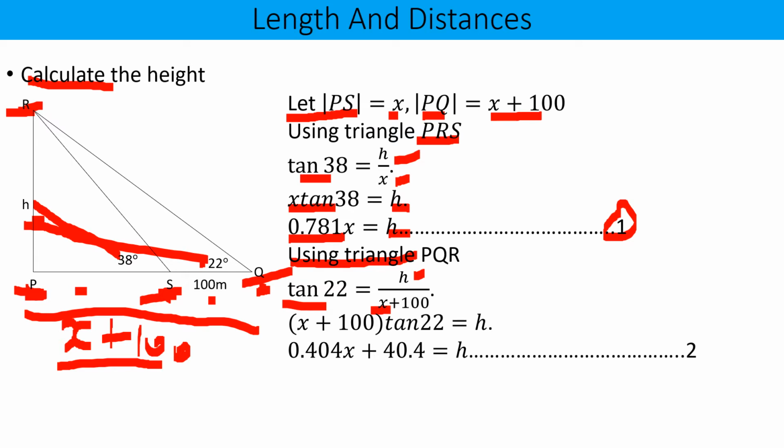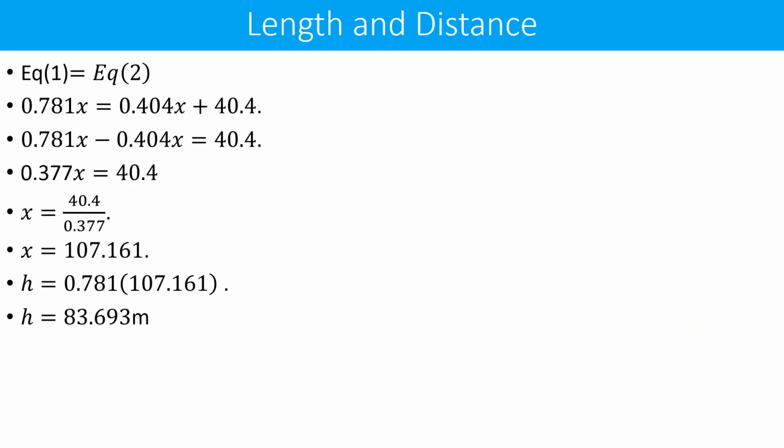So you multiply both sides by x plus 100. So we get x plus 100 times tan 22 is equal to our h. Then you multiply it. Tan 22 times x is 0.404x. Tan 22 times 100 is 40.4. That is equation 2.